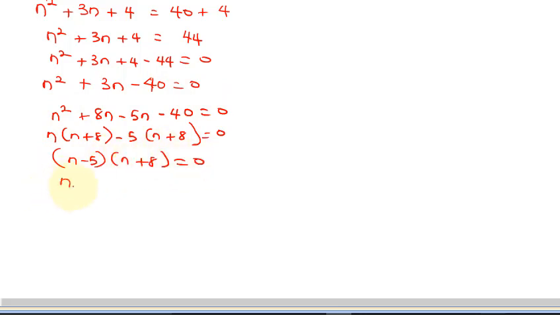So n minus 5 equals 0, or n equals 5, or n plus 8 equals 0, or n equals minus 8.